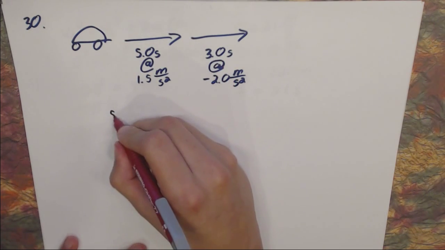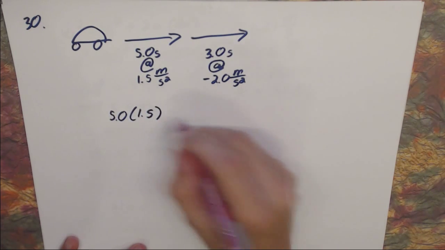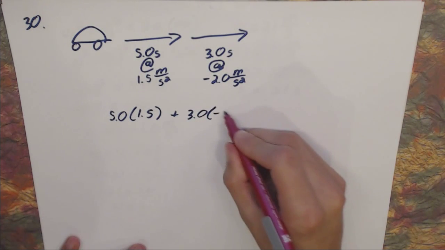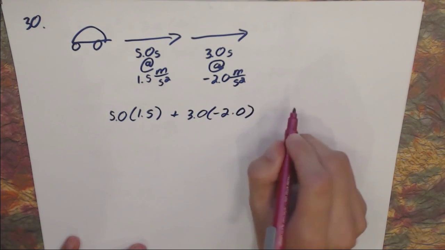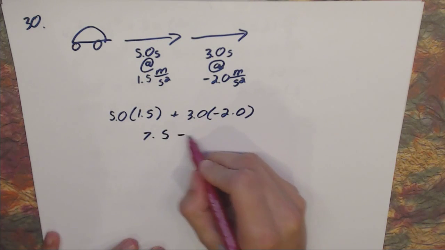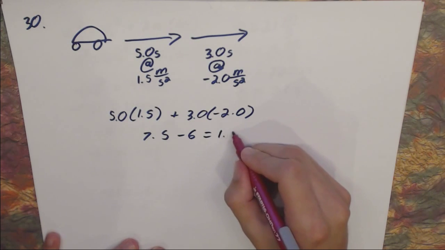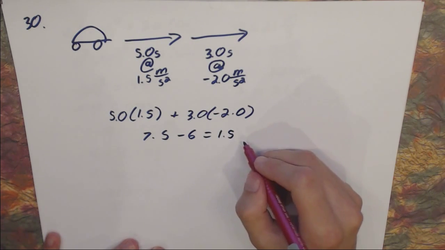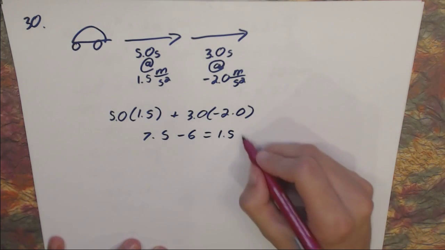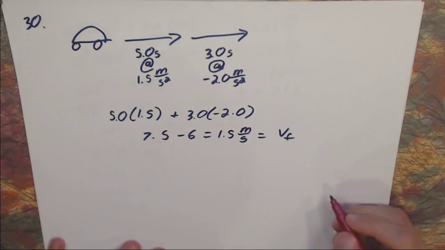So we take 5.0 seconds times 1.5 meters per second squared plus 3.0 times negative 2.0 meters per second squared. And we get 7.5 minus 6 equals 1.5. Did I do that right? I did. 1.5 meters per second is going to equal our final velocity.